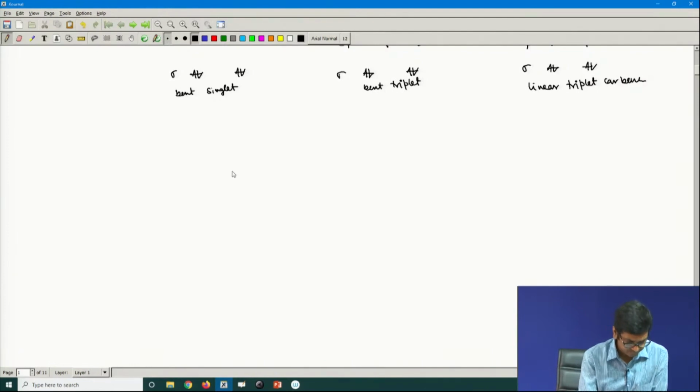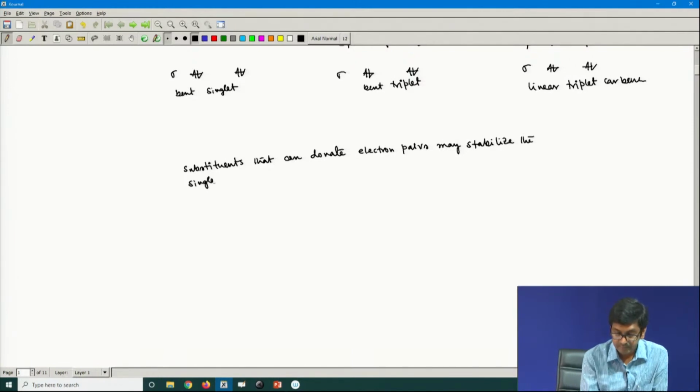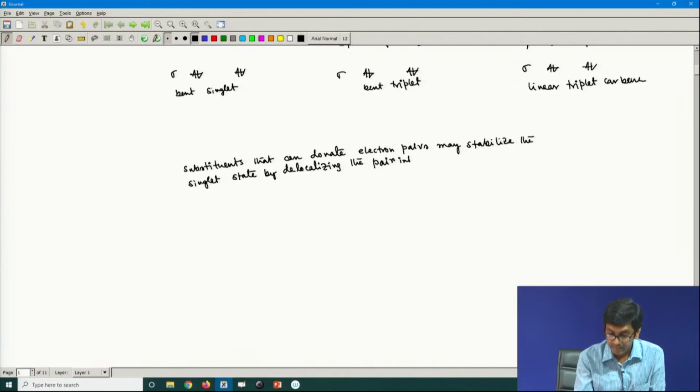So, substituents that can donate electron pairs may stabilize the singlet state by delocalizing the pair into an empty p orbital.